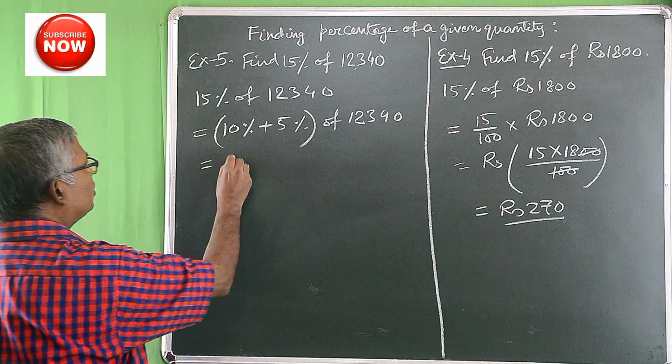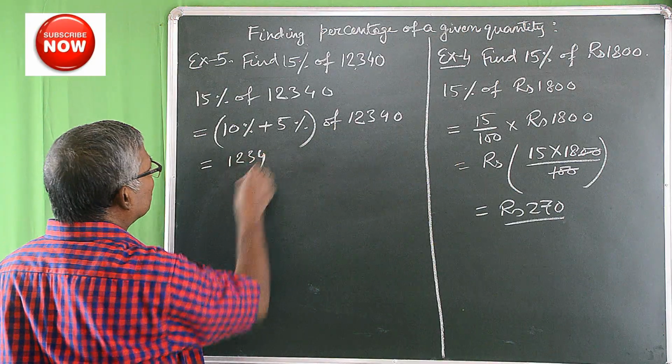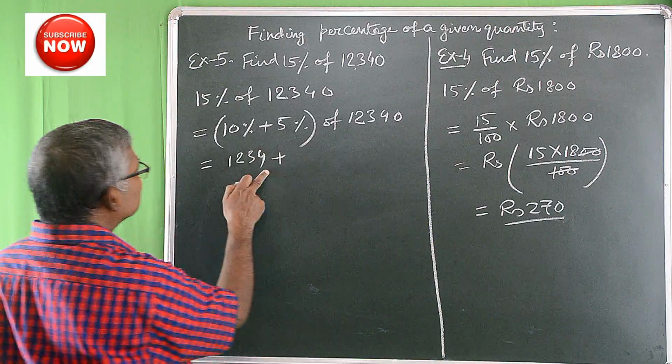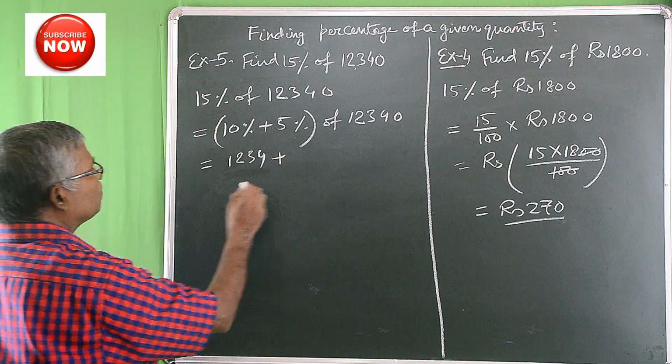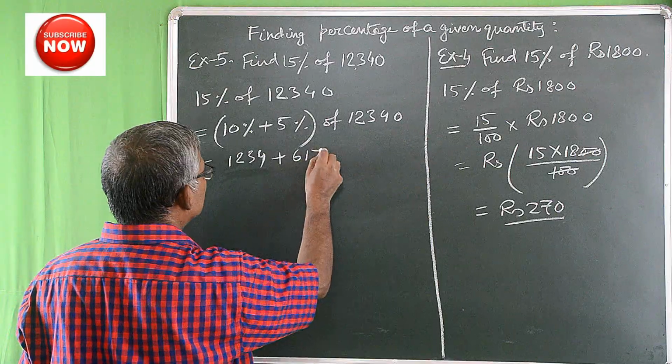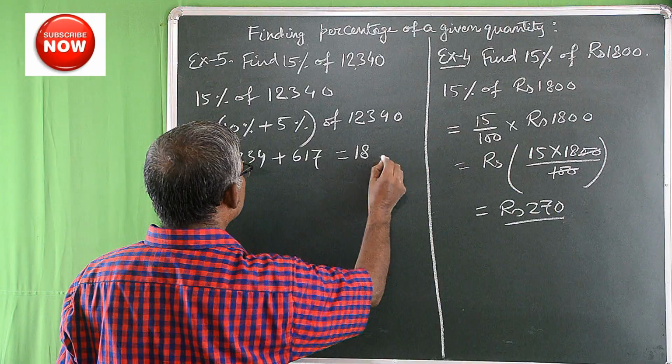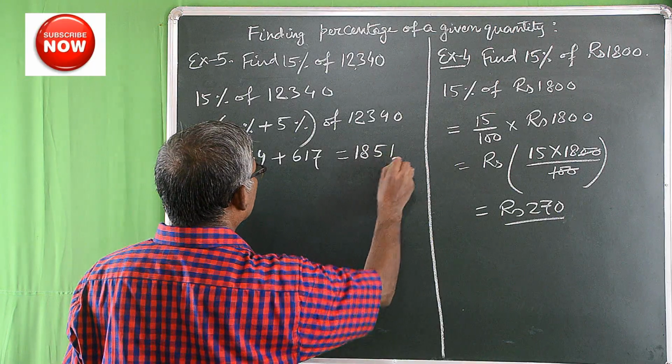This equals 1234, and 5% of this number is just half of it, that is 617. So it is 1851.